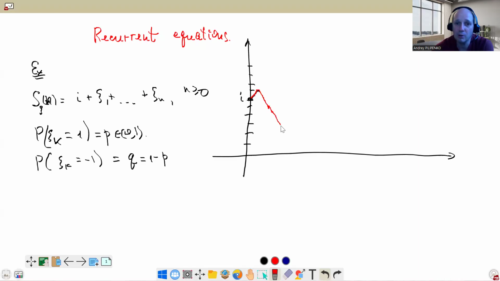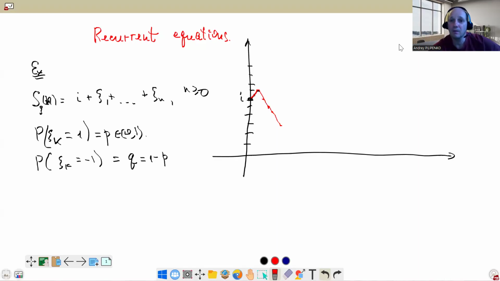The interpretation of this random walk will be the following. Two persons play a game. They toss a coin, and with probability p they have heads, and with probability q they have tails.